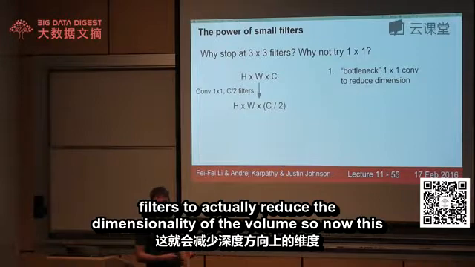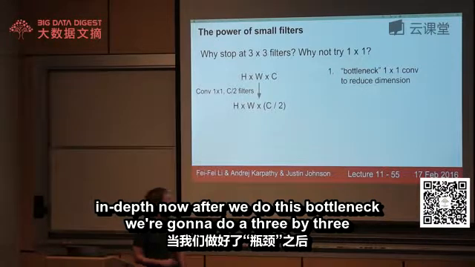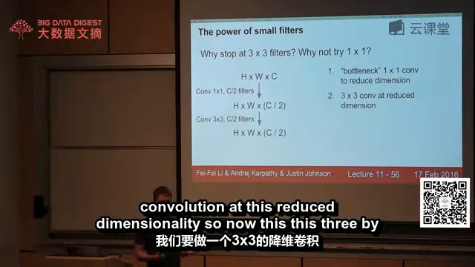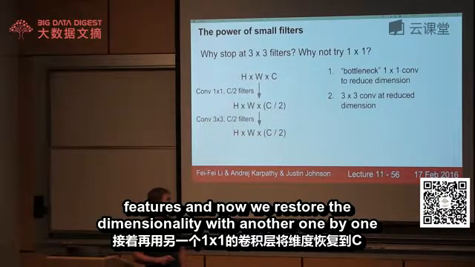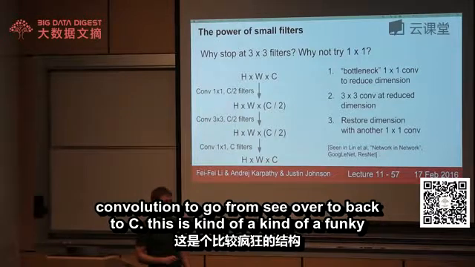So now this has the same spatial extent, but half the number of features in depth. After this bottleneck, we do a 3x3 convolution at this reduced dimensionality. So this 3x3 convolution takes C/2 input features and produces C/2 output features. And now we restore the dimensionality with another 1x1 convolution to go from C/2 back to C.